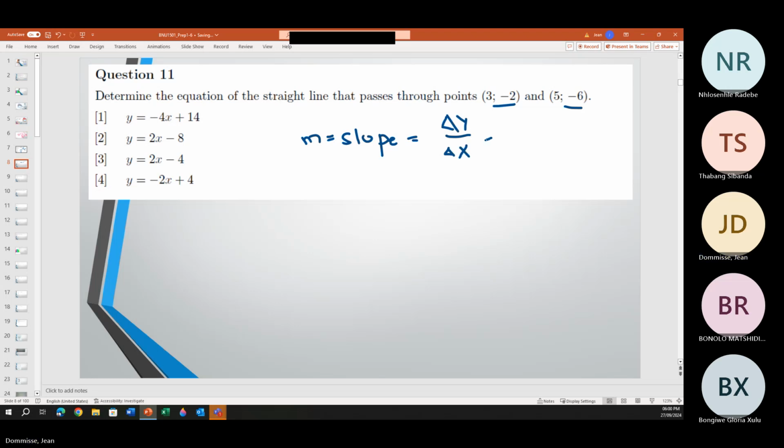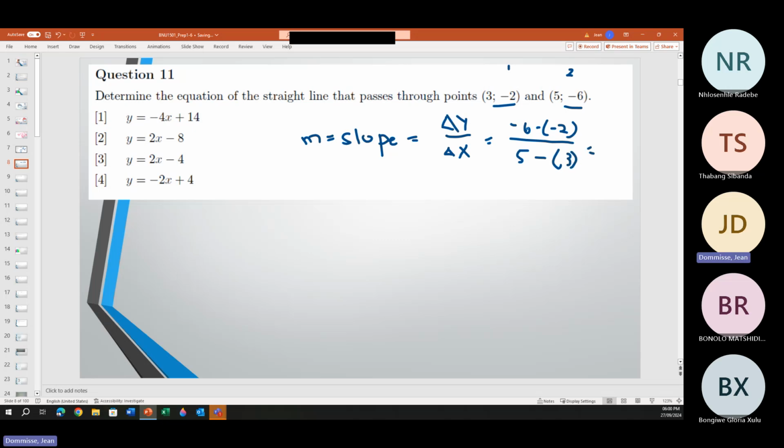So I've got my point 2 there, point 1 there, so y: 4 minus 6 minus minus 2, divided by the x's, so 5 minus 3.